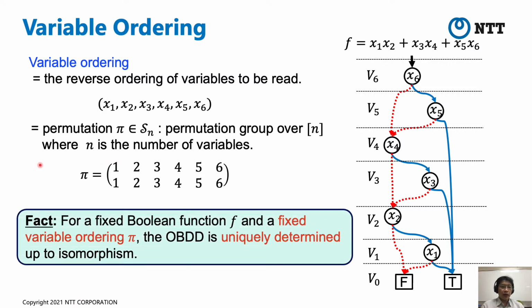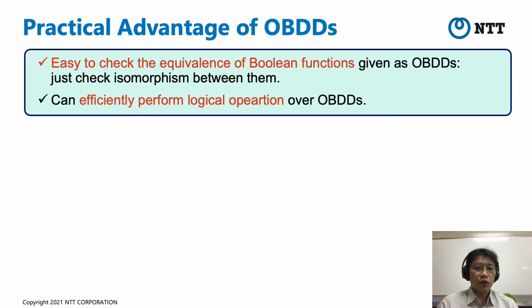It is known that for a fixed Boolean function f and a fixed variable ordering phi, the OBDD is uniquely determined up to isomorphism. This is a very important property because it is easy to check the equivalence of Boolean functions given as OBDDs by just checking isomorphism between them.